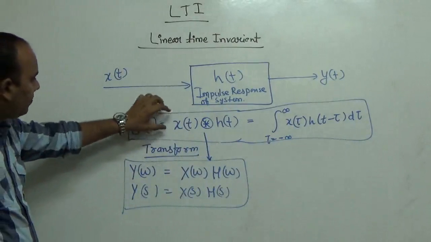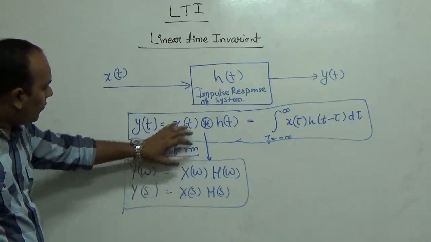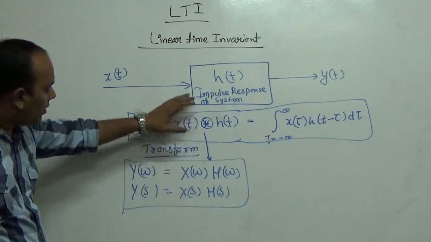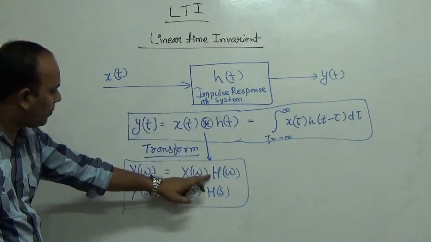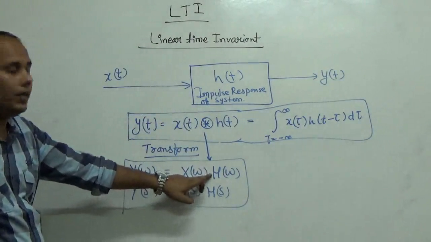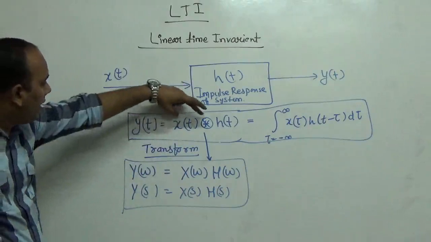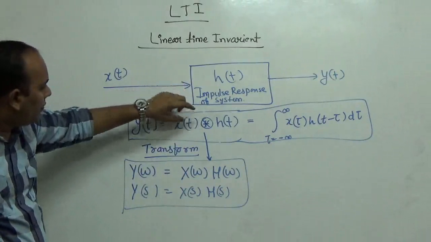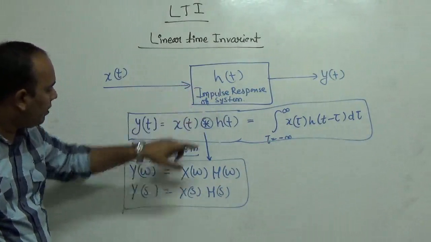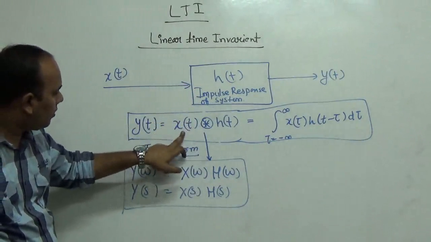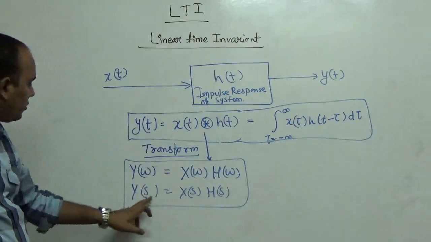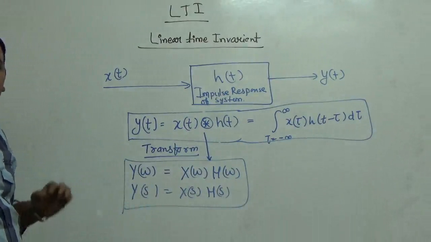So we can say that the transform of any convolution is always equal to the product of their transforms. The Laplace transform of that particular convolution will always be equal to the product of the Laplace transforms of x(t) and h(t): Y(s) is equal to X(s) into H(s). Most important thing.